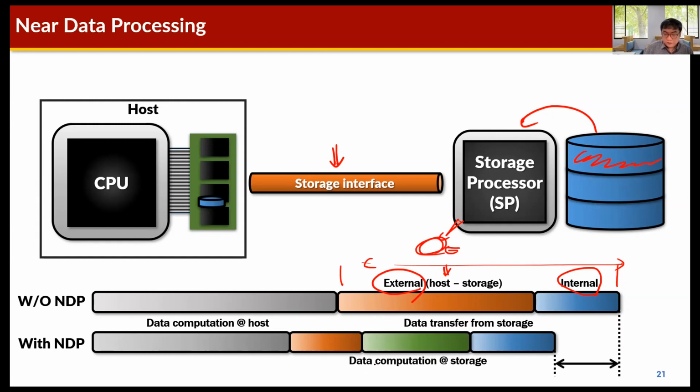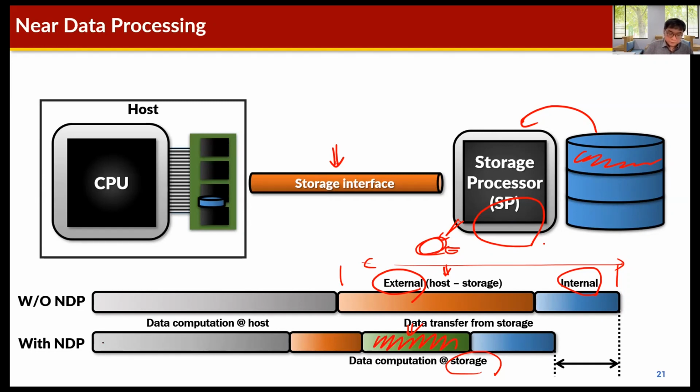And then this data computation time inside of the SSD is newly included with the NDP. So this data is processed by the internal storage processor. This time is newly added.